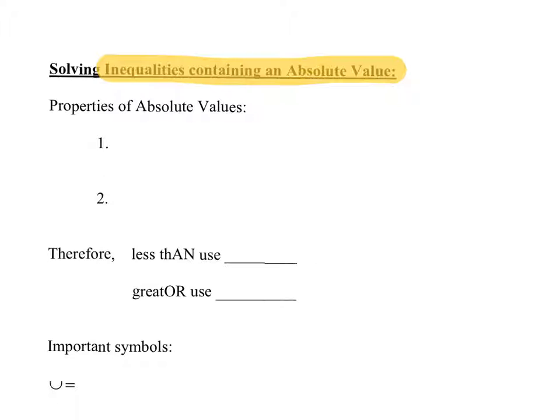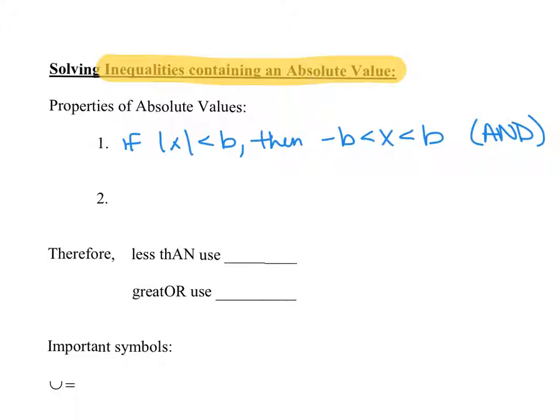The first property says if the absolute value of x is less than b, then we're going to rewrite the problem as negative b is less than x, which is less than positive b. This is what we call an AND statement. So notice it depends on the inequality sign. This is if the absolute value is less than b.